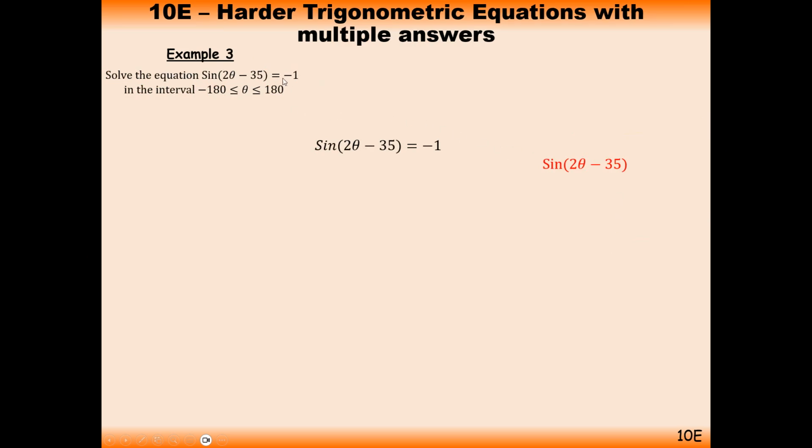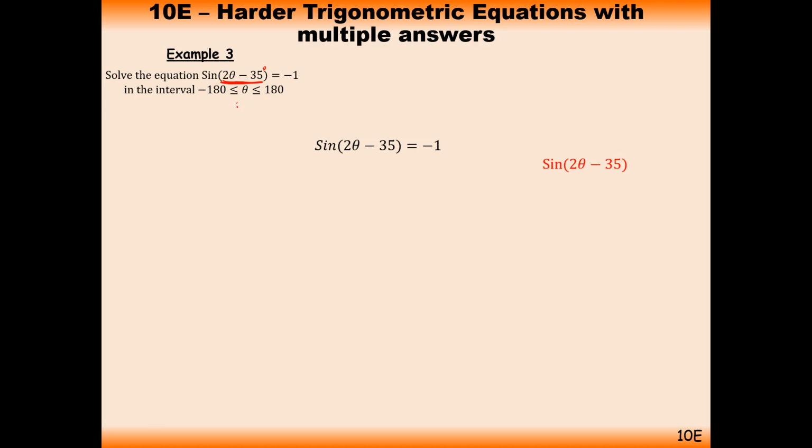We've been asked to solve this equation here. I've written it right at the beginning of the page twice here. So here you're going to look at what's inside the bracket: we've got 2 theta take away 35 degrees. So you're going to build up to that expression.